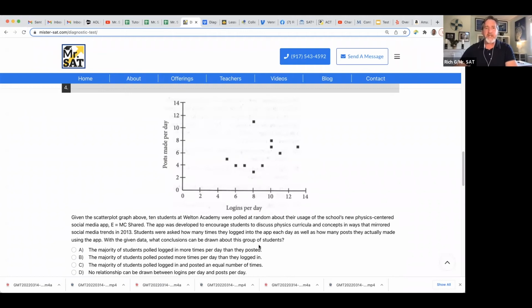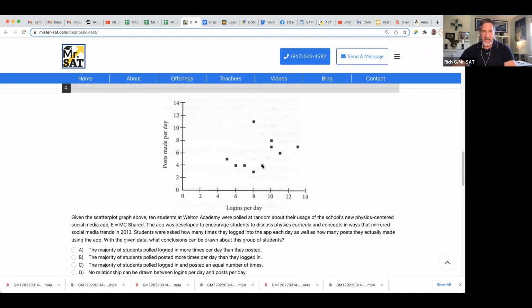Well, let's just check out some data. Let's look at this first point. They logged in about 5 times and posted about 5 times. Is that logged in more? No, but it says the majority of students. Let's check a couple more. This student logged in 6 and posted 4. That is logging in more. This student logged in 7, posted 4. That is logging in more than posts. This one went about 8 and 3, logging in more than posts.